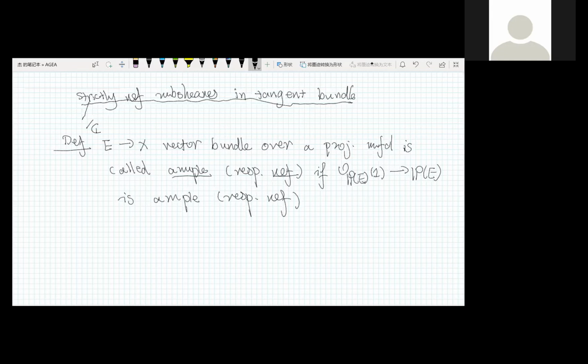Here P(E) is just the projectivization of E in the sense of Grothendieck.